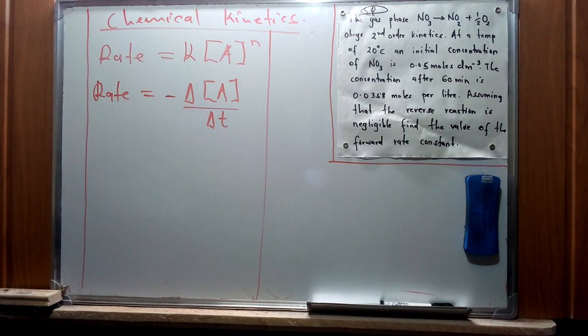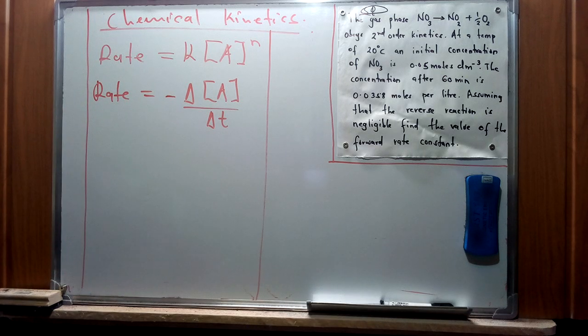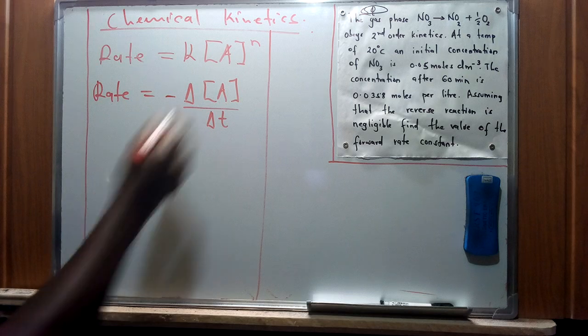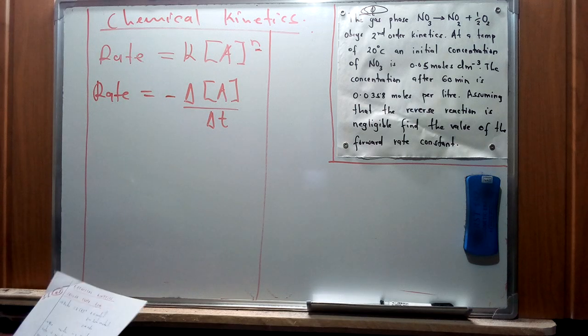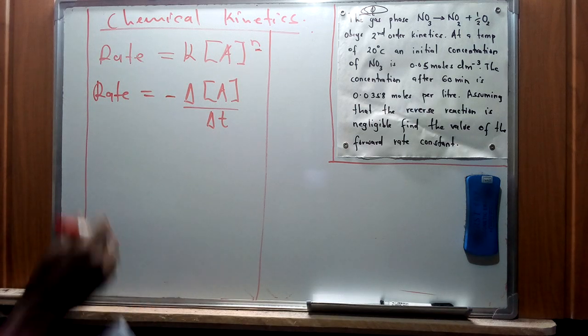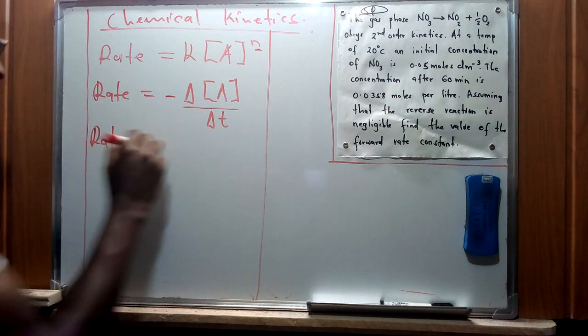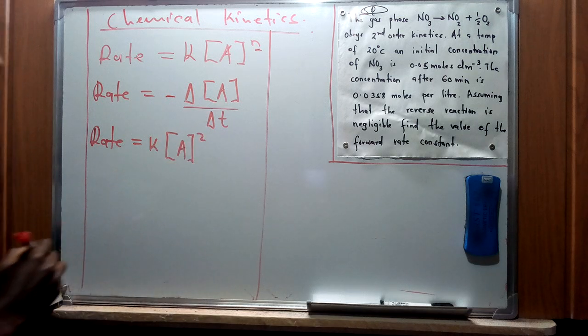This negative implies that the concentration of the reactants is decreasing with time. For the second order kinetics that I've given, there is going to be a more specific representation from the general one. So for a second order, I'm going to give it as rate equals k[A] squared.